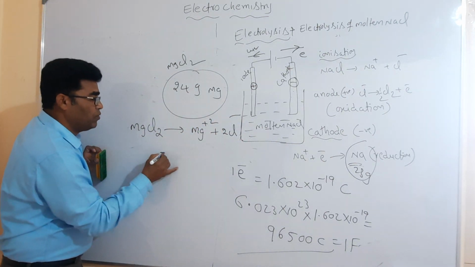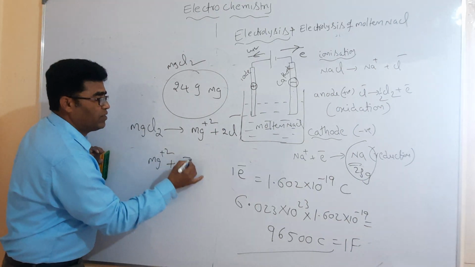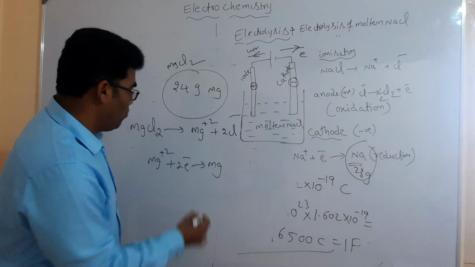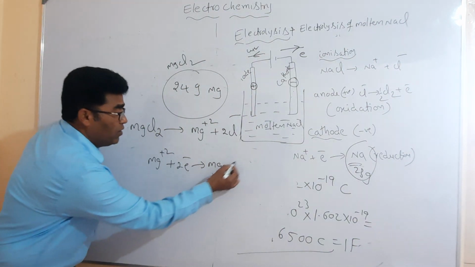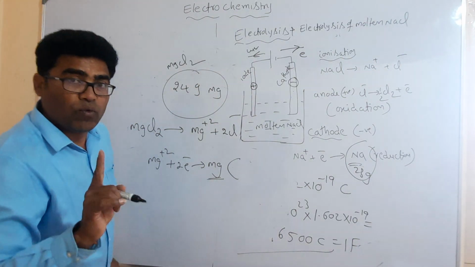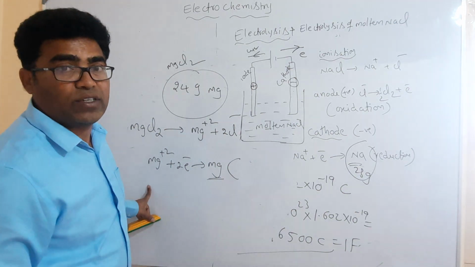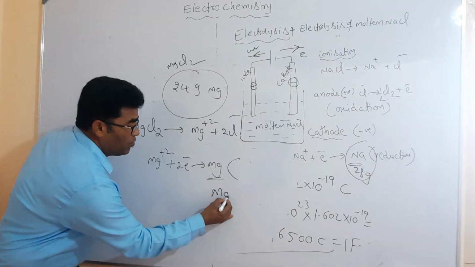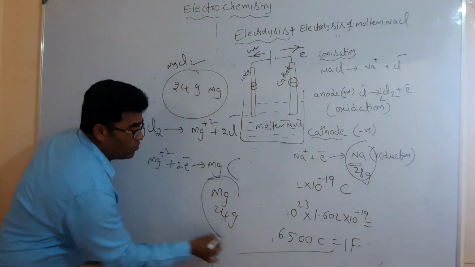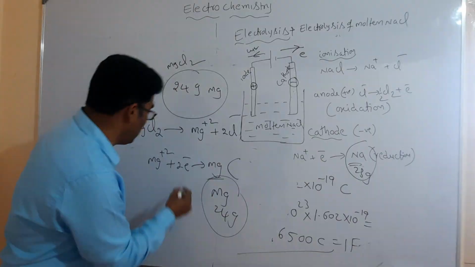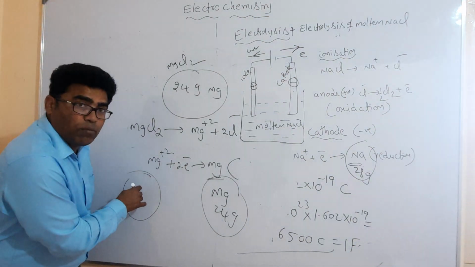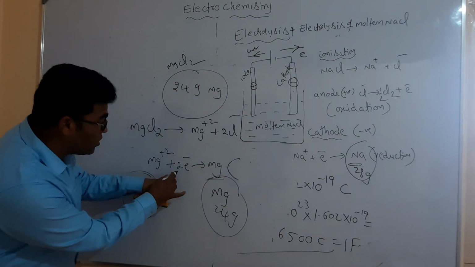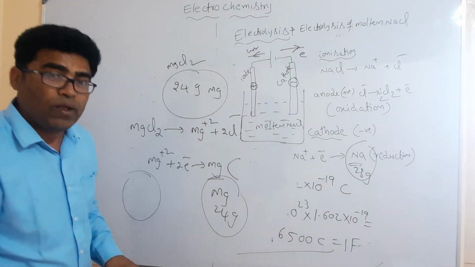So Mg plus 2 plus 2 electrons gives rise to Mg. For one magnesium atom, 2 electrons have to be gained. For 24 gram magnesium deposited, Avogadro number of magnesium ions have to gain electrons, that is 2 moles of electrons.